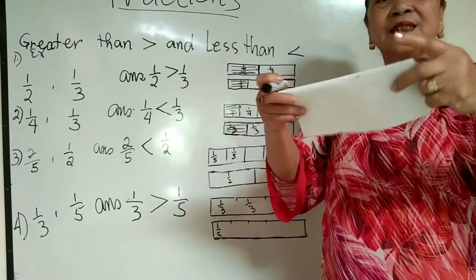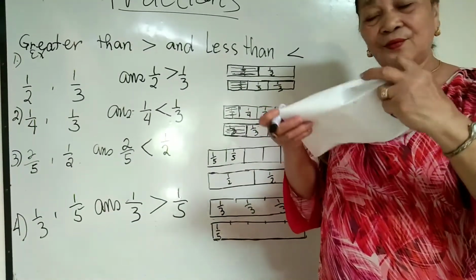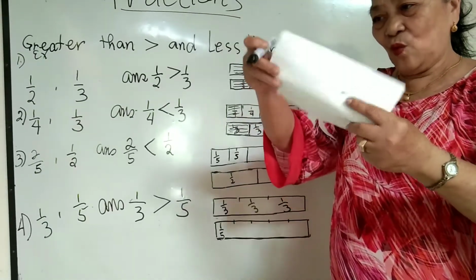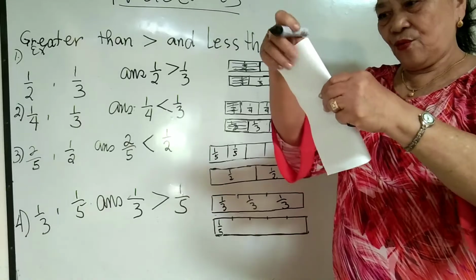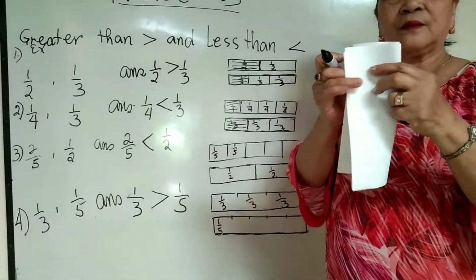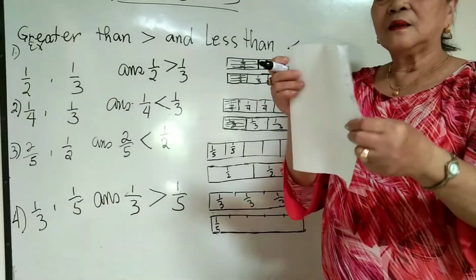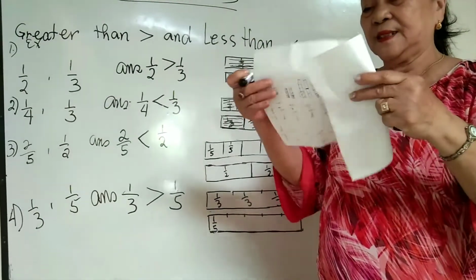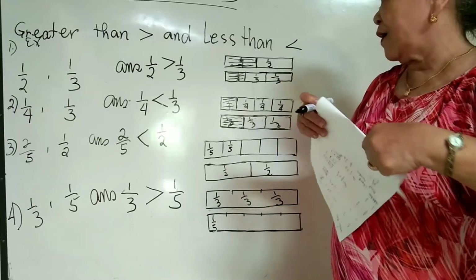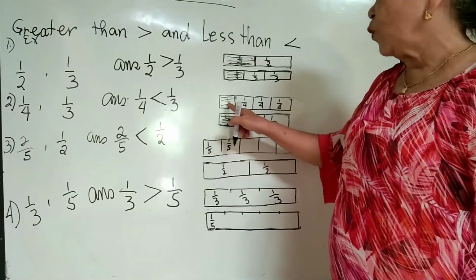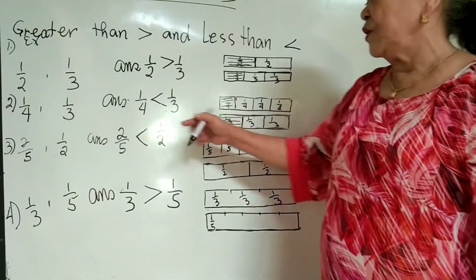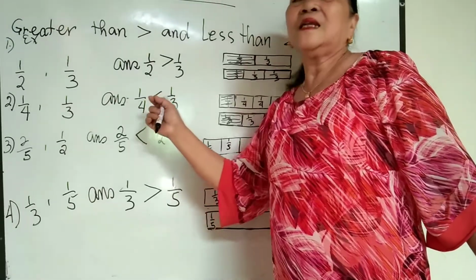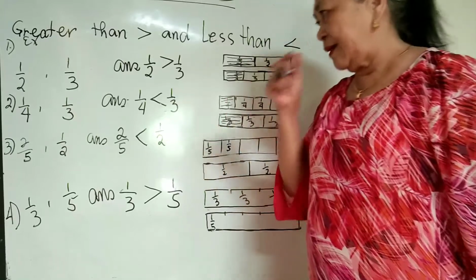So 1/3 is less than 1/2. And 1/4 like this, this is now 1/4. Then 1/3 is just like this. So we compare that 1/4 is less than 1/3. Again, the symbol is less than.